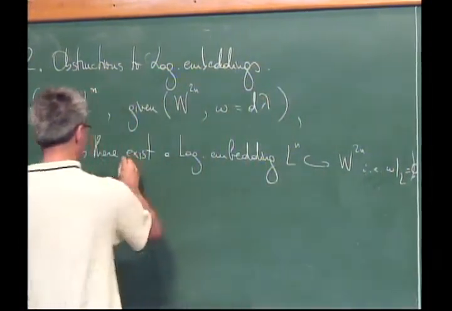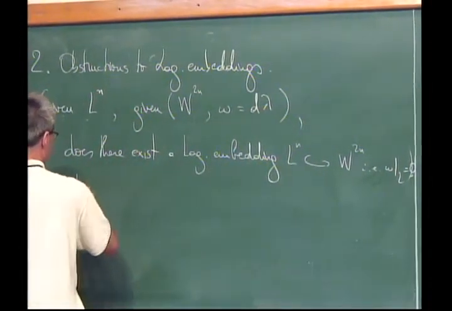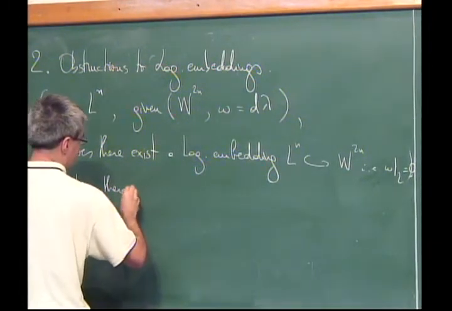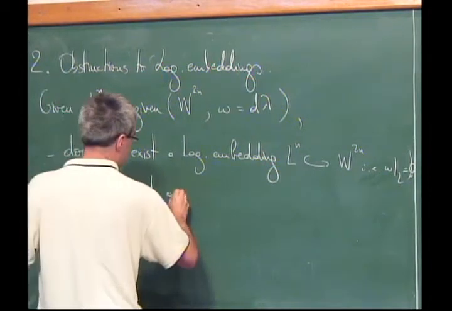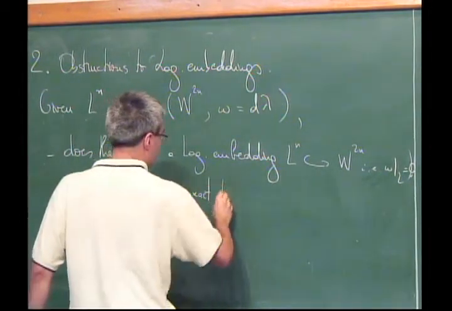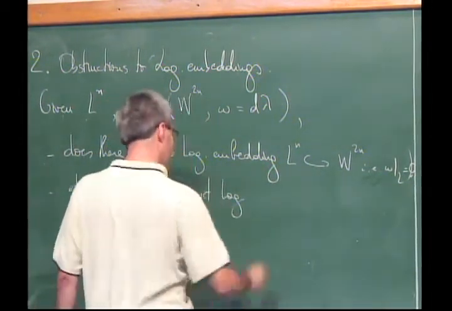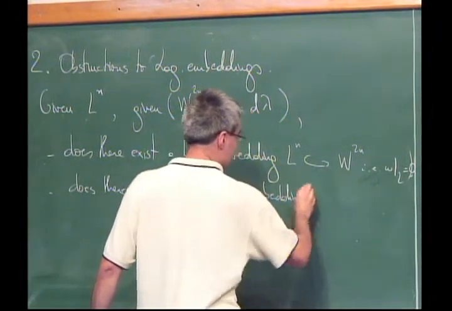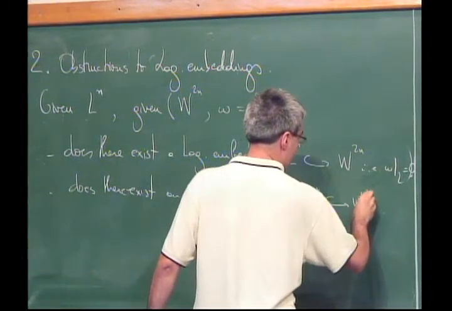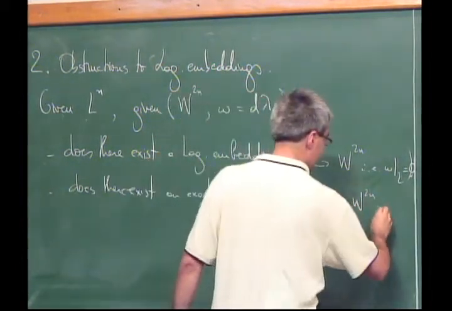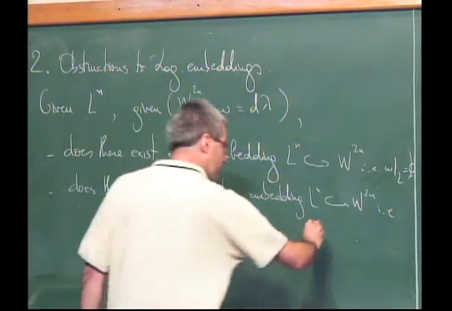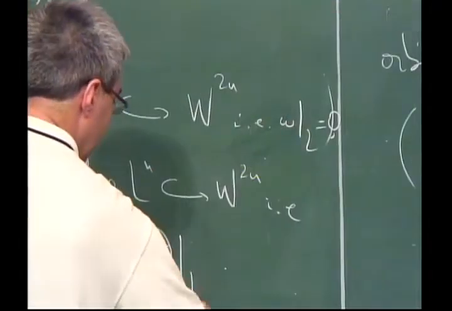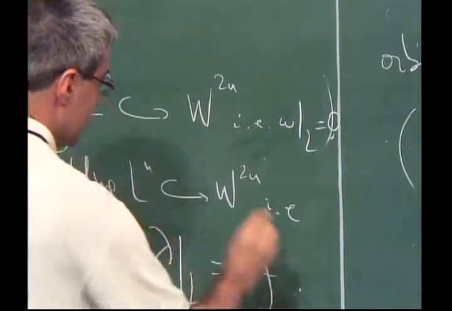And also, does there exist an exact Lagrangian embedding, i.e. the one form lambda restricted to L is an exact one form?